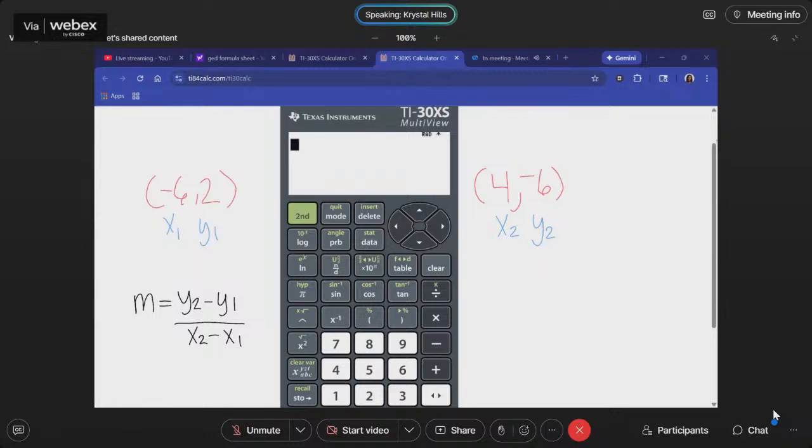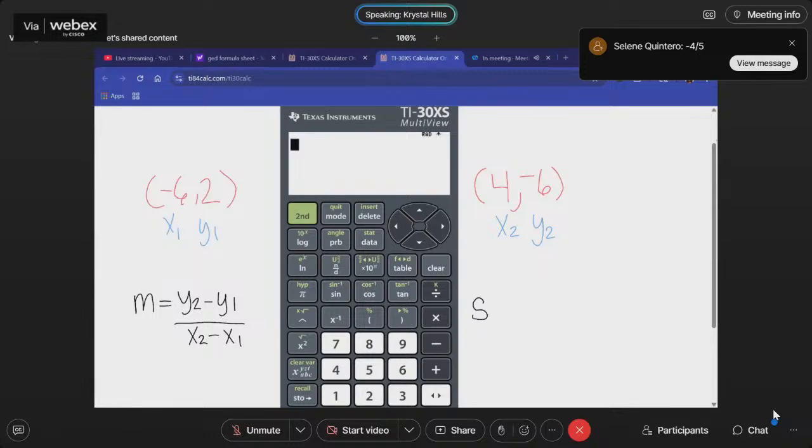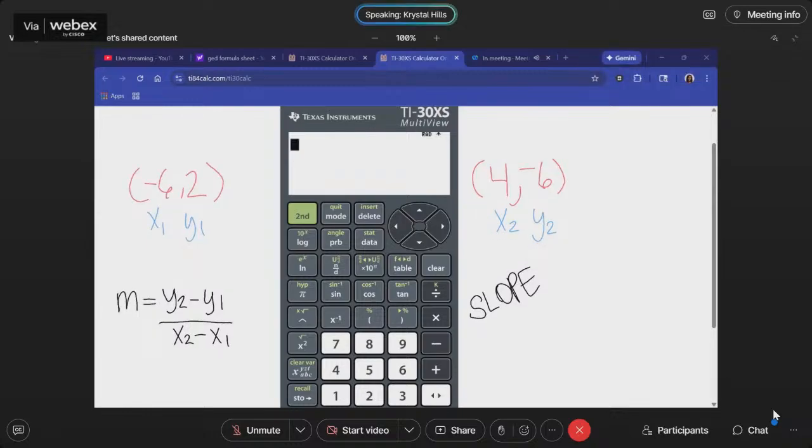And then Dr. Hills will give us a demonstration on her virtual calculator. So the first coordinate is -6 and 2. The second coordinate is 4 and -6. What is your answer? Celine, I have your answer. Awesome.